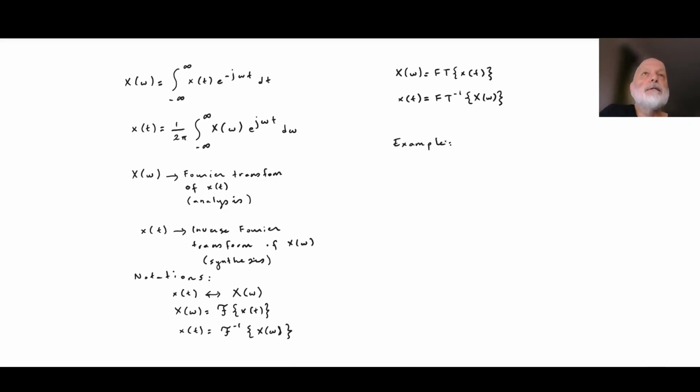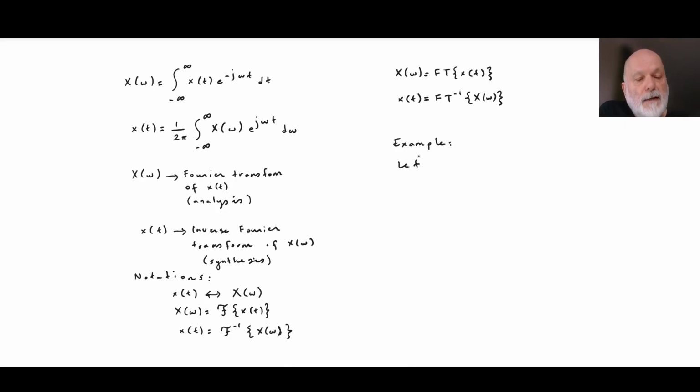Now we have seen that the Fourier transform of the impulse is equal to 1. That means in the impulse we have all frequency components for omega from minus infinity to plus infinity represented with the same weight. Now, we ask the following question.